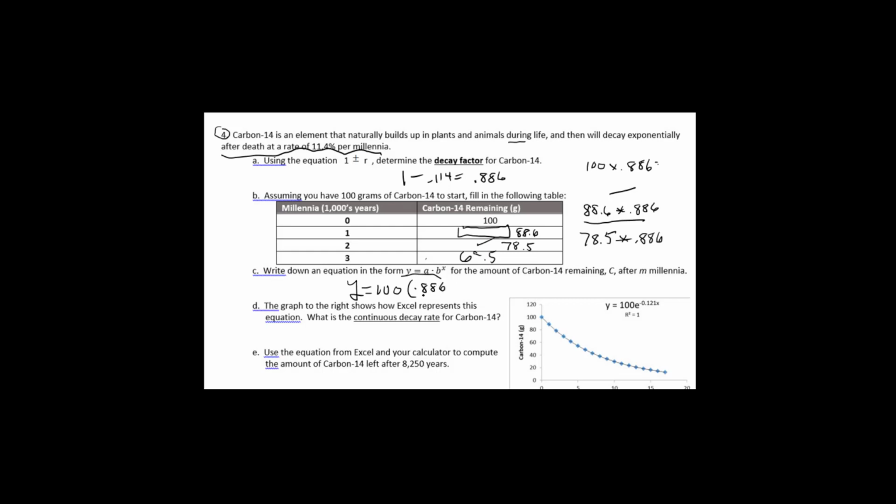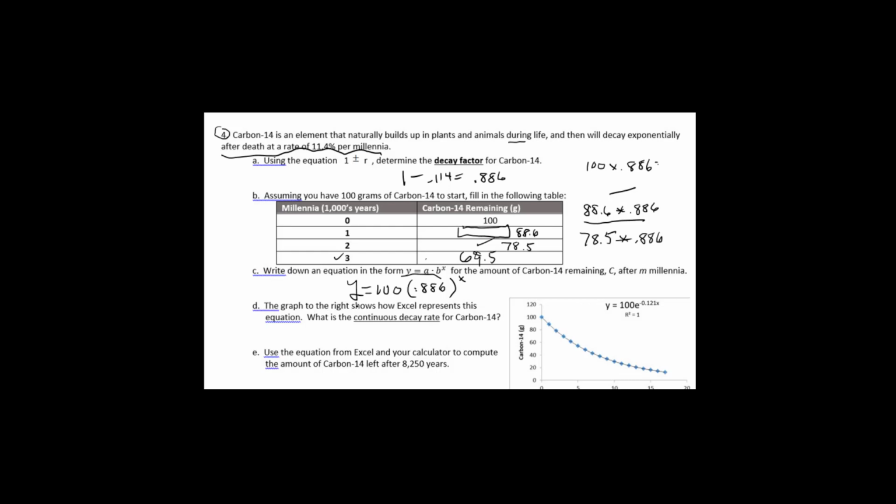That's the factor, right, 0.886, raised to how many millenniums? So I could get this 69.5 by just using this equation and putting 3 in here. Remember, 3 means 3,000 years.